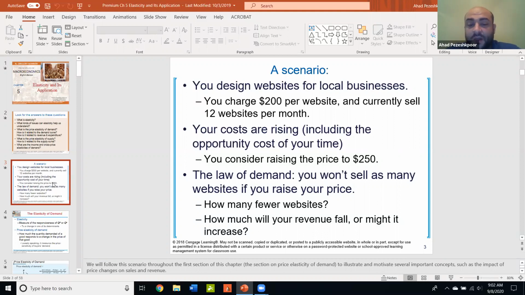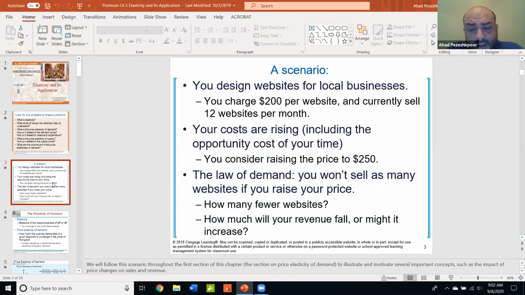Now, you consider raising the price to $250. The law of demand says you won't sell as many websites if you raise your price. When you increase your prices, some people who are undecided on whether to buy your service or not, they would leave the market.